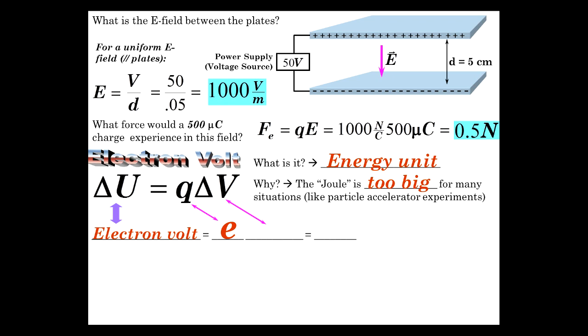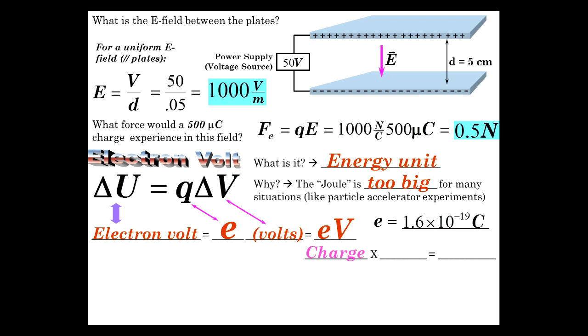Okay, electron volt: the elementary charge, or the electron, times the amount of volts across which that elementary charge or electron is passing. And that's the amount of EVs, the amount of electron volts. Now the elementary charge is 1.6 times 10 to the negative 19 coulombs. So we have charge times volts is the energy.